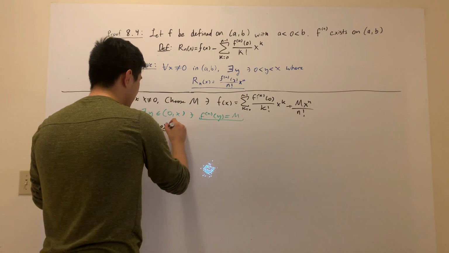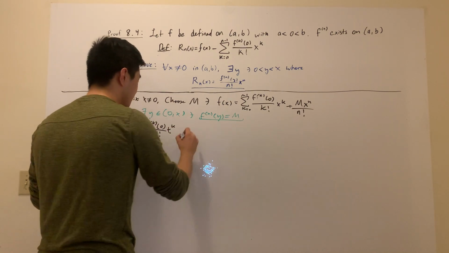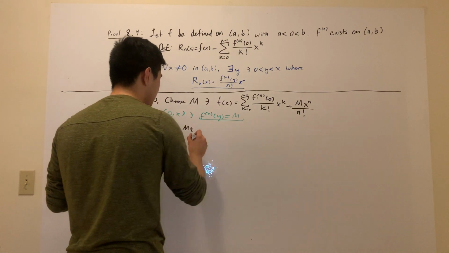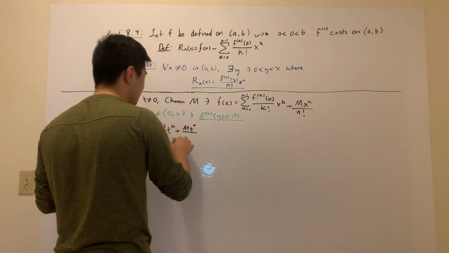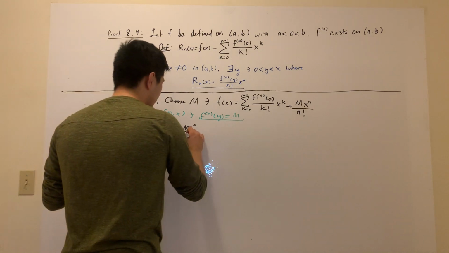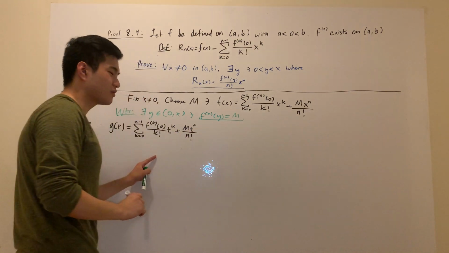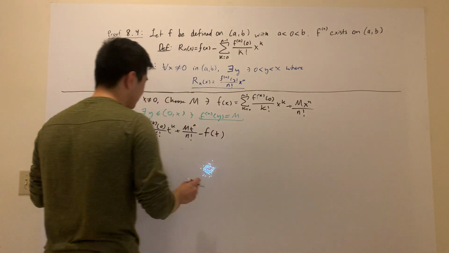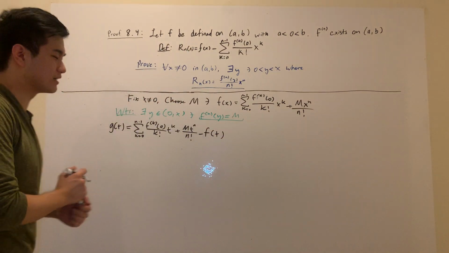And instead of x here, we're going to put t, and we're going to add in this remainder here. So instead of an x, we're putting t, so M times t to the n over n factorial. And the last thing we're going to do is subtract the whole function f of t again.